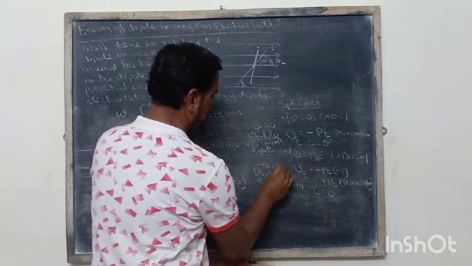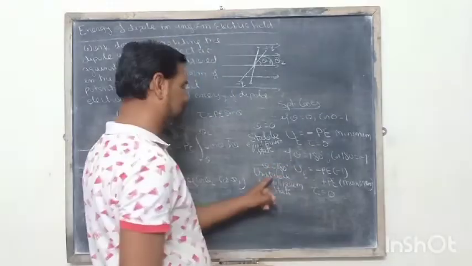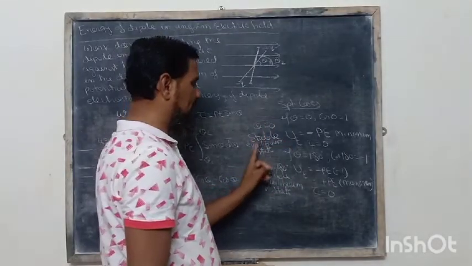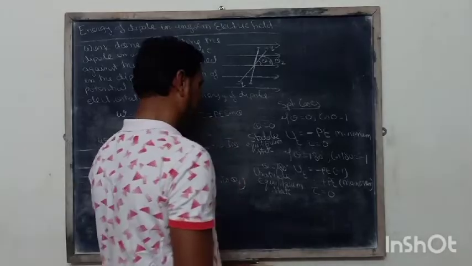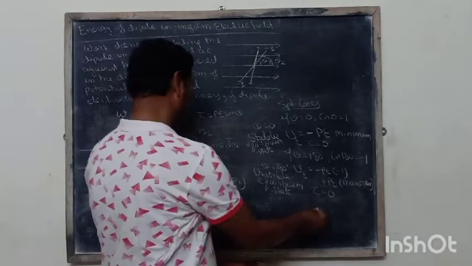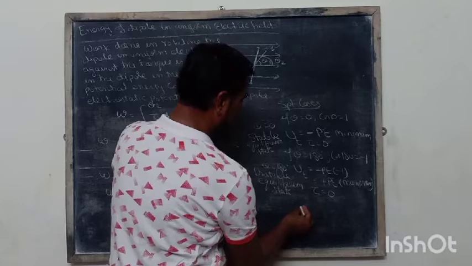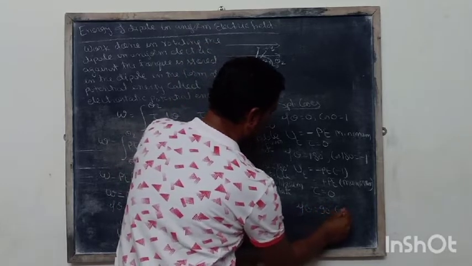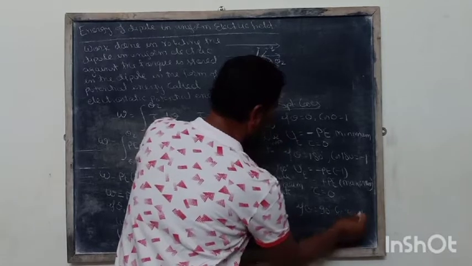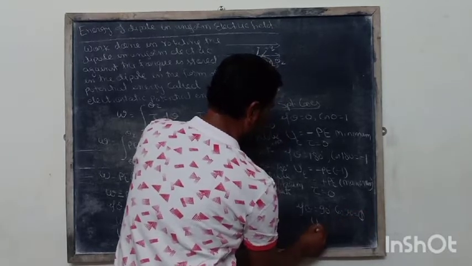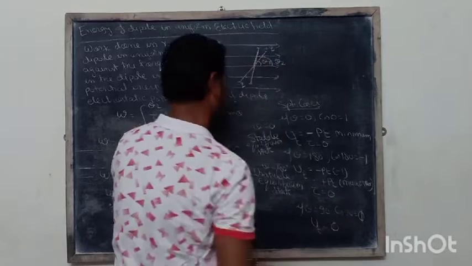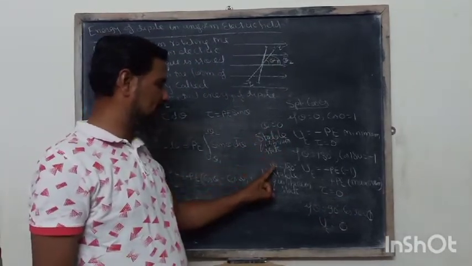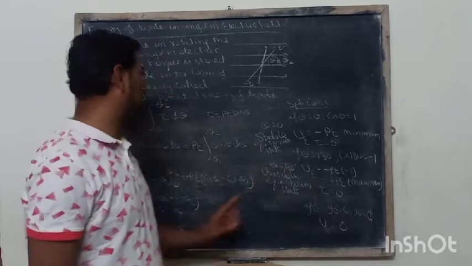If theta is equal to 90, then cos 90 is equal to 0, and the potential energy of the dipole will be equal to 0. So theta equal to 0 is stable equilibrium, and theta equal to 180 is unstable equilibrium.